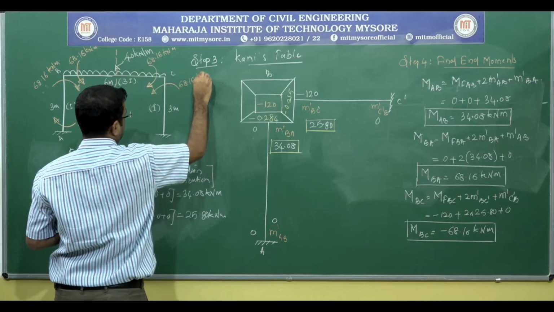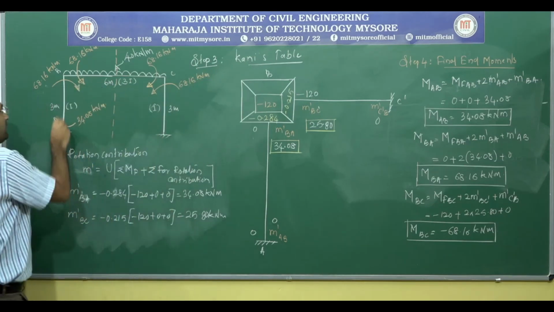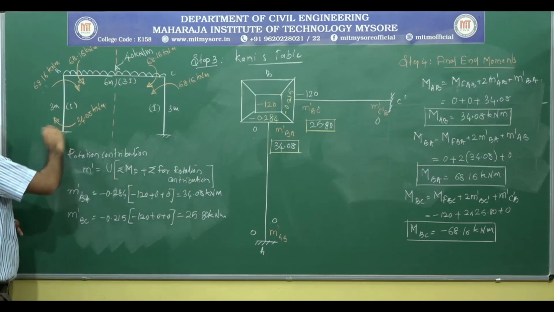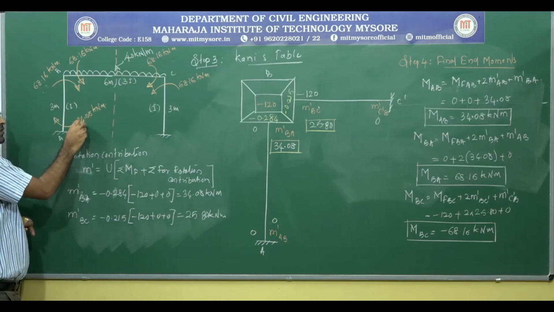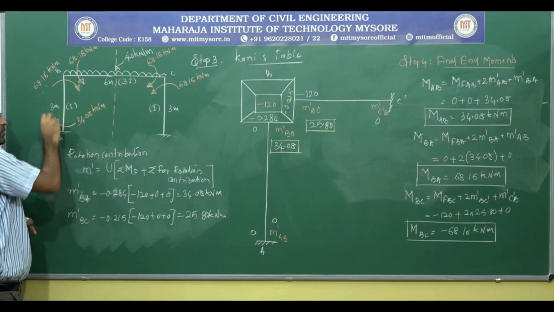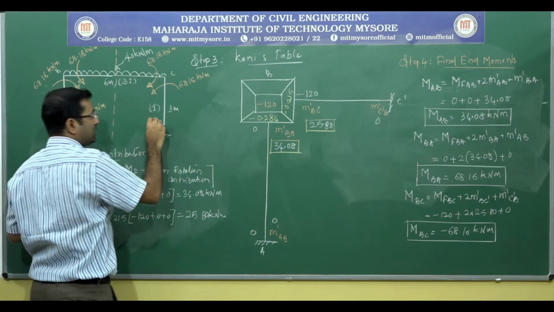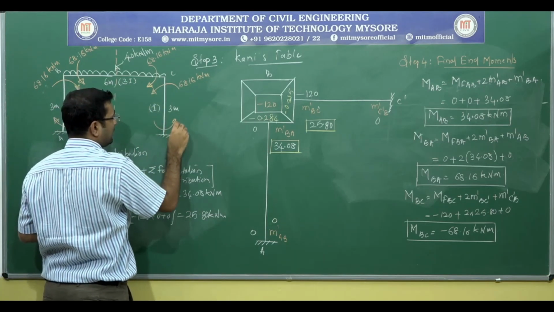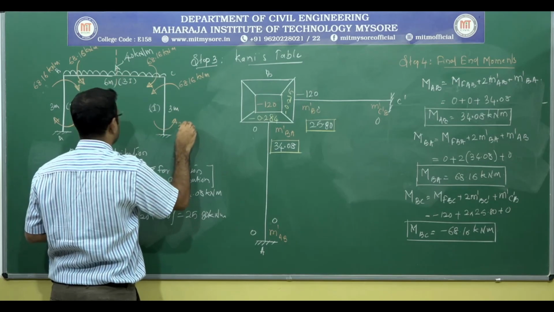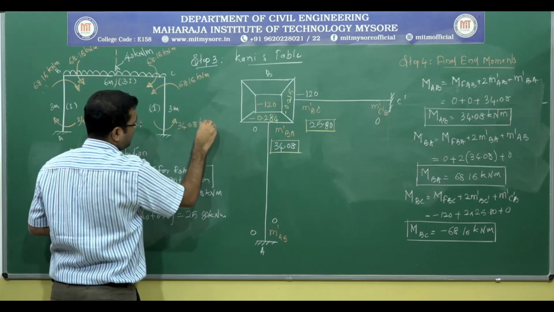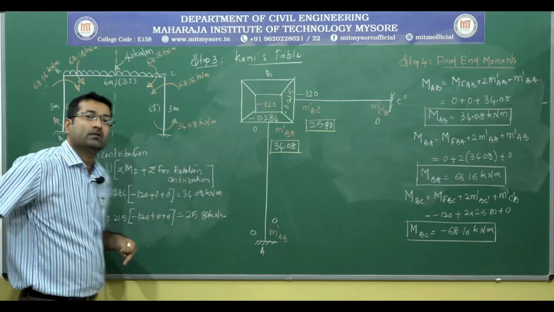Now for the AB member, we have clockwise 34.08, so the mirror of this will be anti-clockwise, 34.08 kilonewton meter.